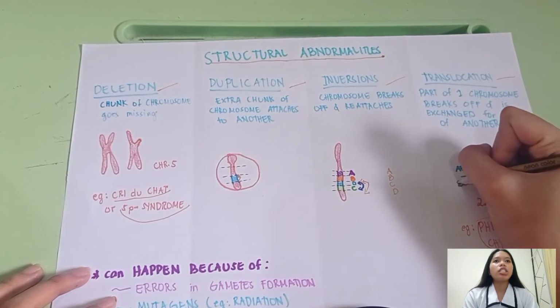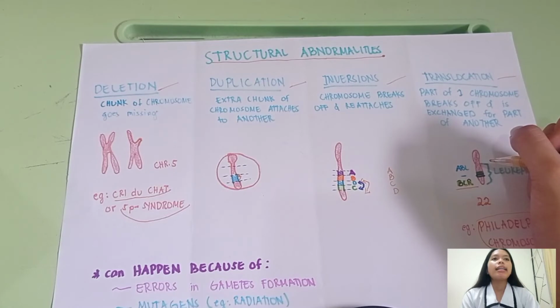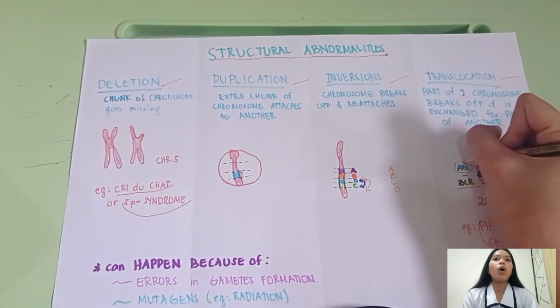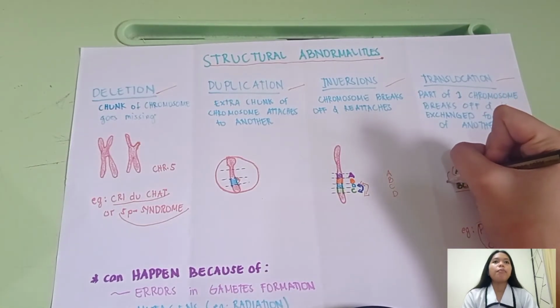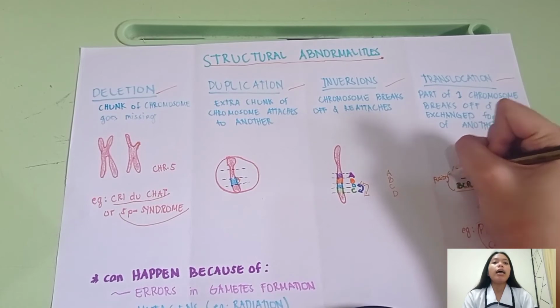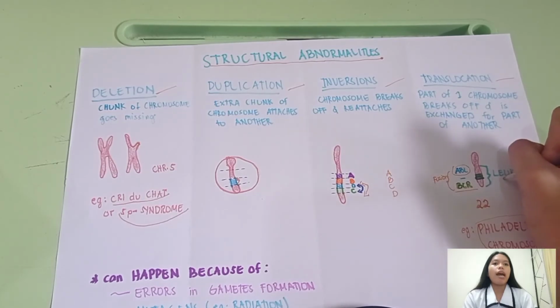The BCR gene, which originated on chromosome 22, and the ABL gene, which originated on chromosome 9, fuse right where they meet. So there's a fusion gene called BCR-ABL that causes unregulated cell division, which leads to leukemia.